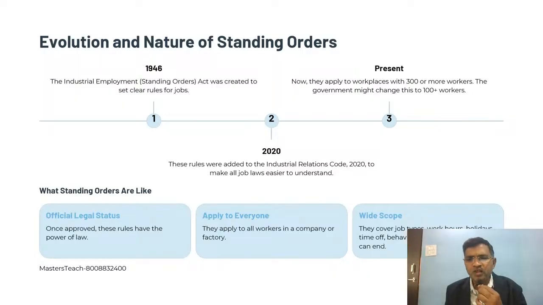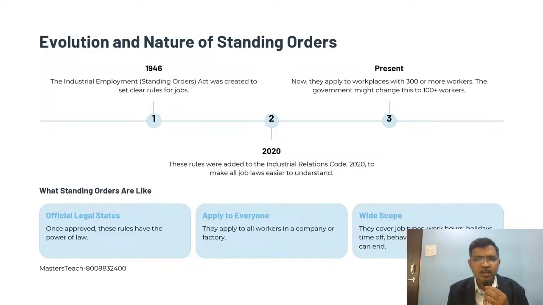The standing orders cover job types, working hours, holidays, time off, extra work hours, behavior rules, and when a job can be ended. So these are mentioned in the standing orders.